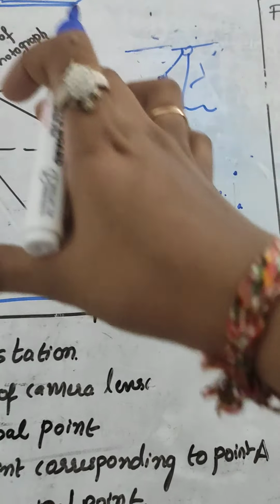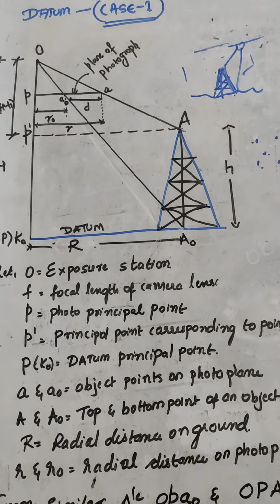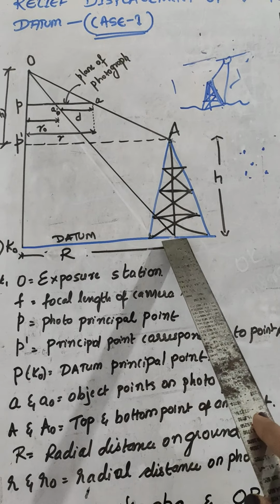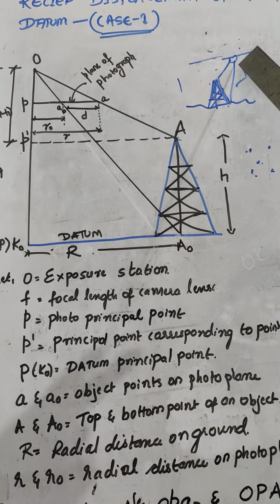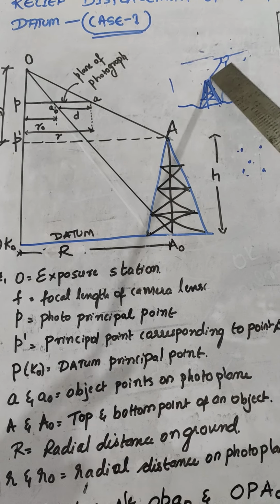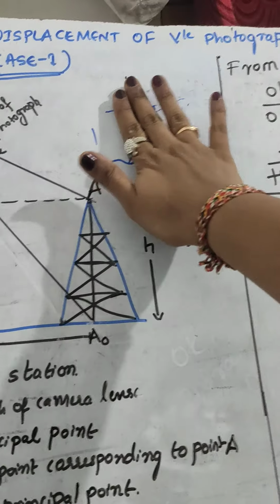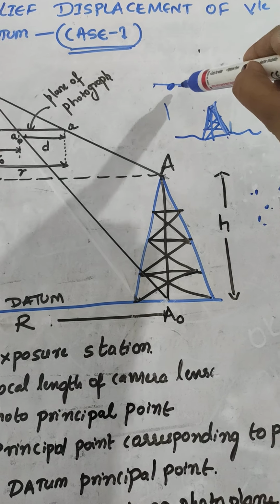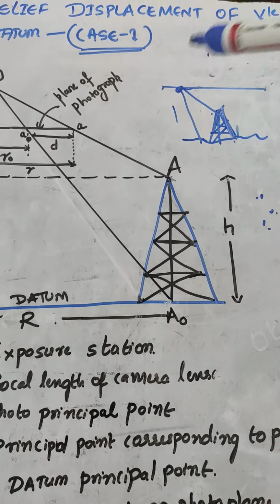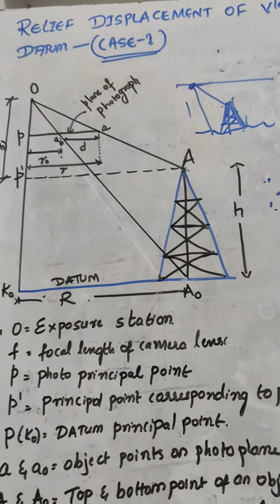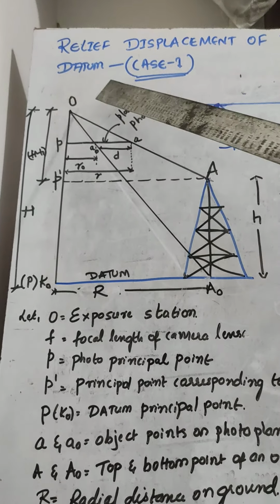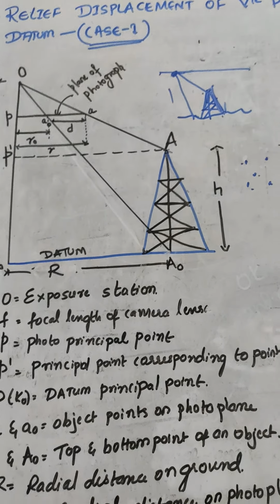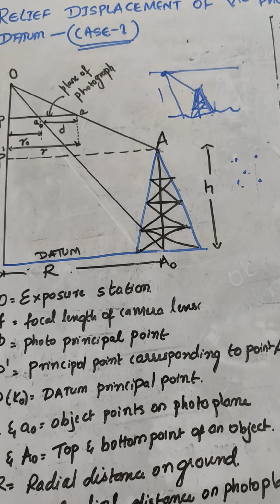So this diagram I will relate with this sketch. I'll tell you how. See, this is the base of the object, and this is the exposure station. Let me consider this side itself, then it will be clear. Now this is the exposure station, and from this point the photograph is being captured.